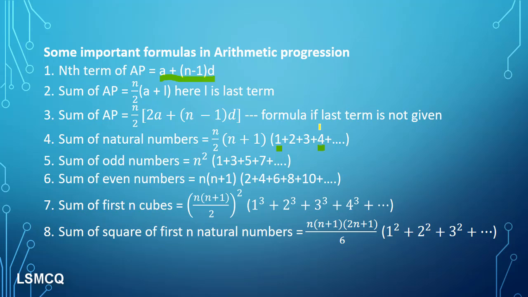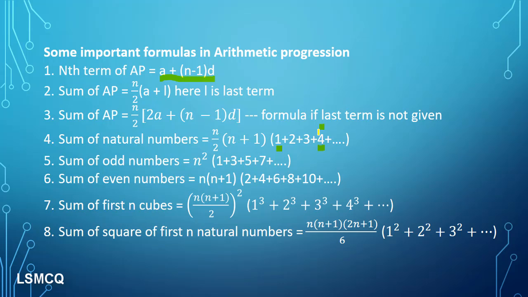And in our case, if we have the last term, this one is L. L is the last term. If you want to find the sum of 1 plus 2 plus 3 plus 4, L is the last term. So using this formula we get n, which is 4 in this case, the number of terms, and a, which is 1, and L, which is again 4.